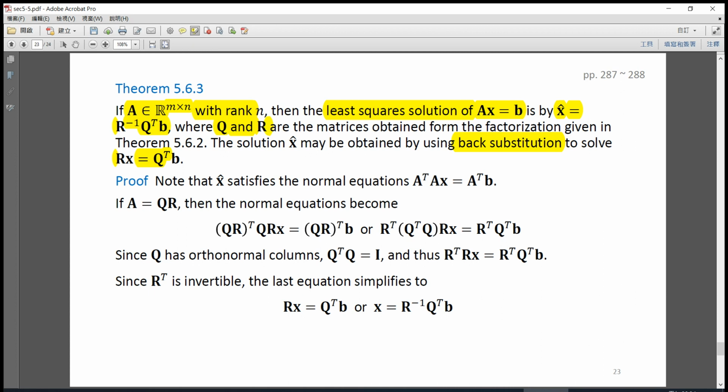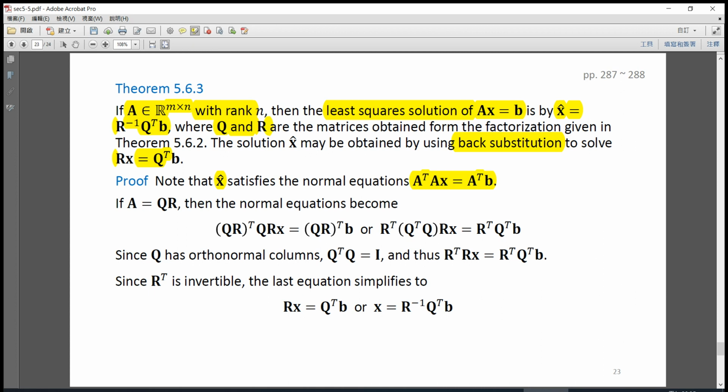To prove this theorem, we know that if x hat is the solution of the least squares problem, then x hat satisfies the normal equations.